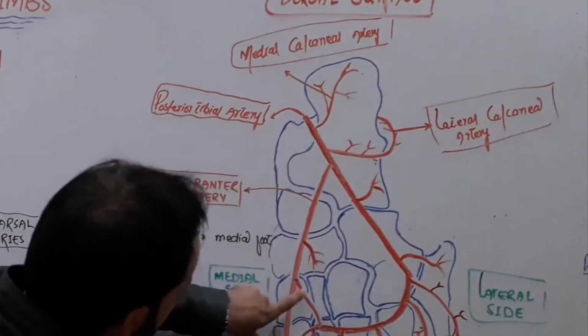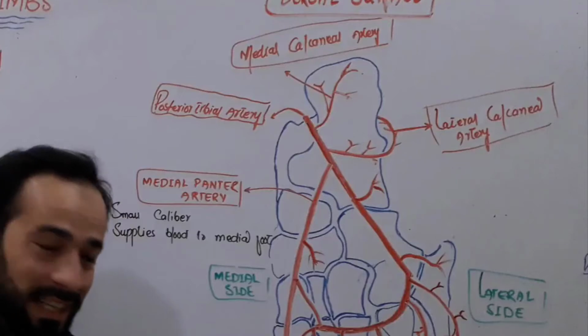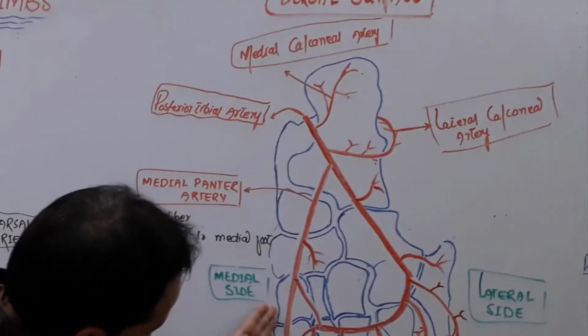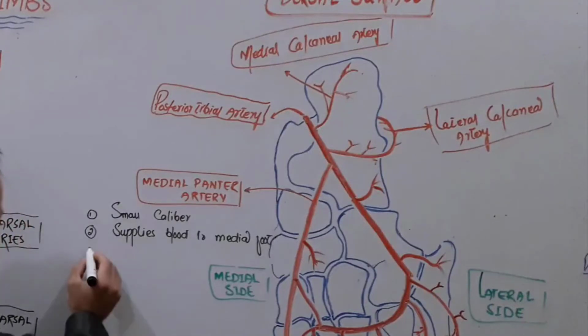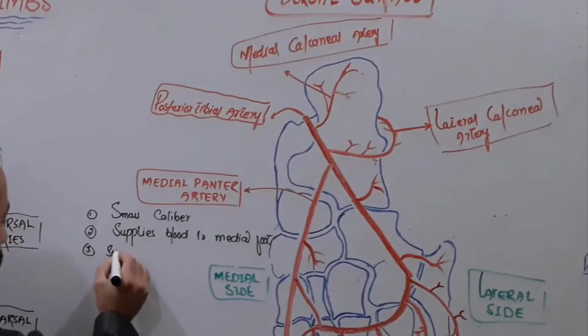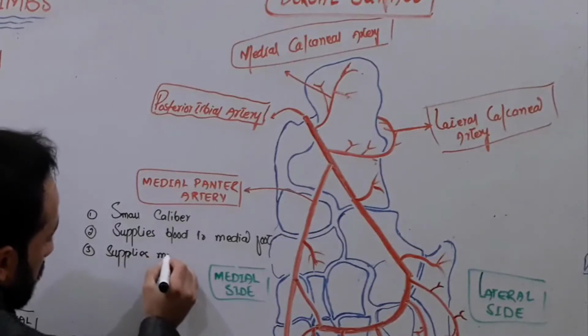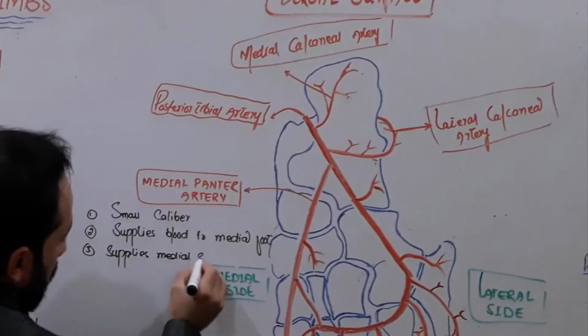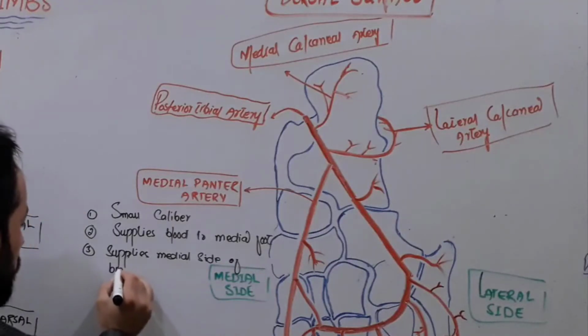Then this artery is responsible for supplying blood to the medial side of the big toe. You can see here, it is coming to the medial side of the big toe, right? It supplies the medial side of the big toe.